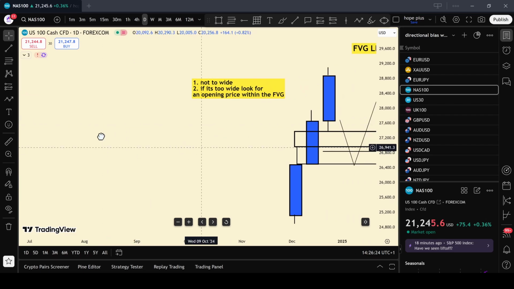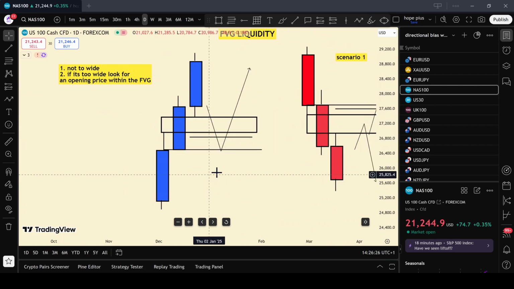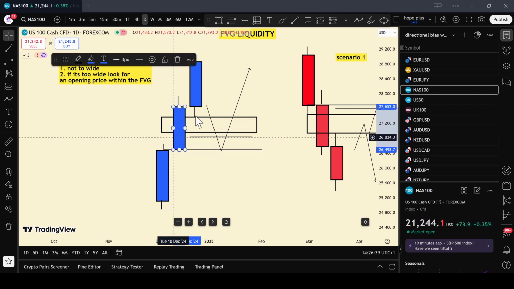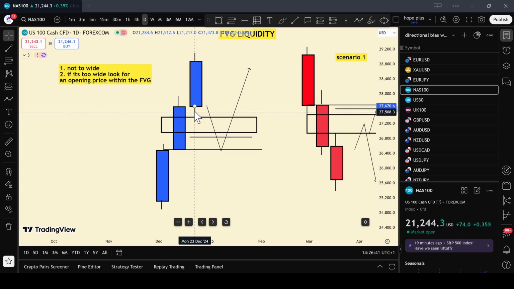The exemption is in the sense that if the fair value gap is too wide, maybe the gap between the first and the last candle is so wide. Let's assume these are wicks.